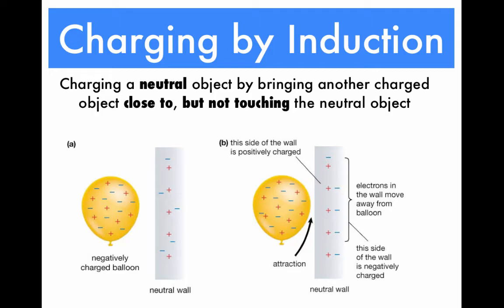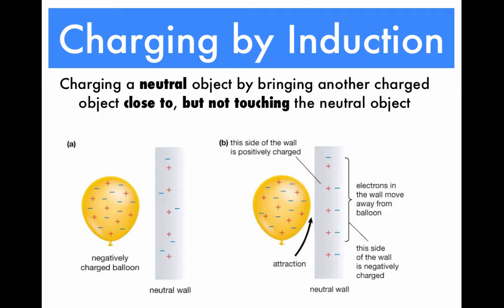That is when a neutral object is charged by bringing another charged object close to but not touching the neutral object. Here we have a negatively charged balloon and a neutral wall. When the negatively charged balloon is brought close to the neutral wall, the electrons in the wall move away from the balloon.